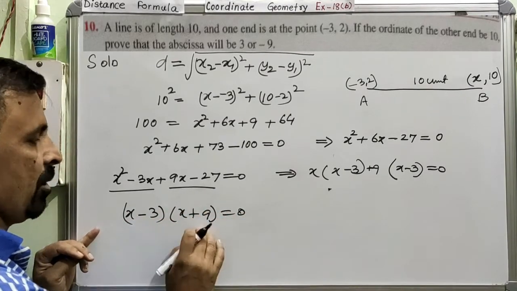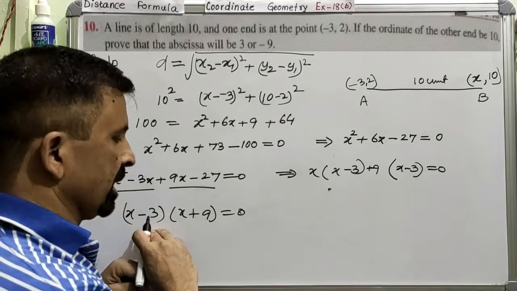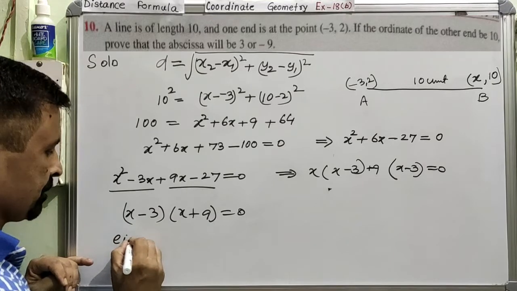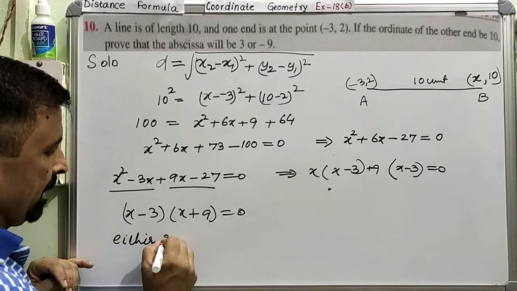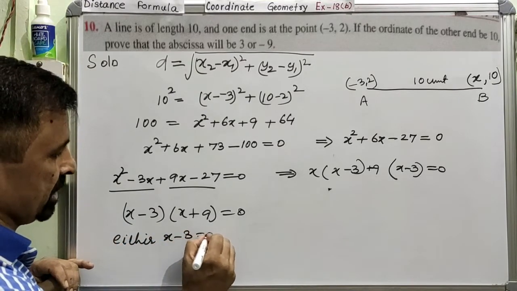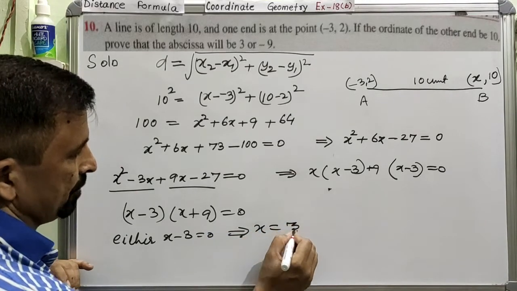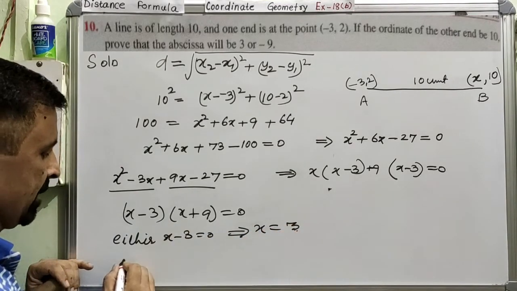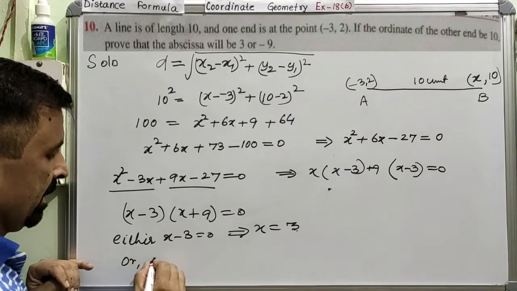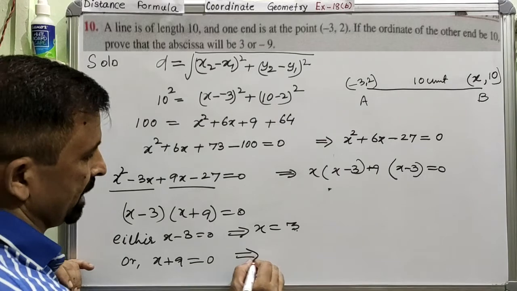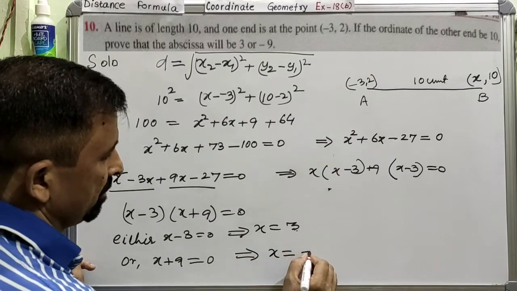Now either this is 0 or this is 0. So x minus 3 is equal to 0 implies your first answer is x is equal to 3. Another is from the second factor, x plus 9 is equal to 0, which implies x is equal to minus 9.